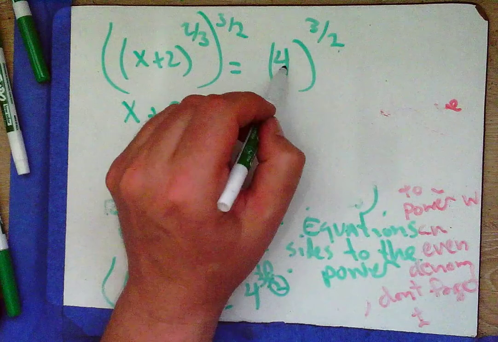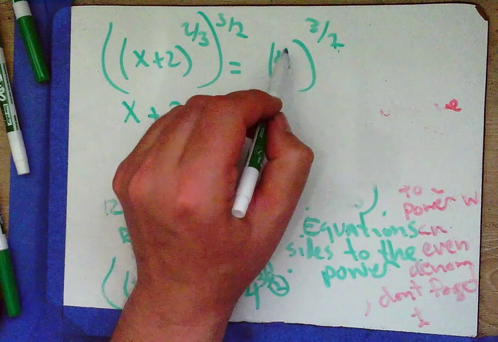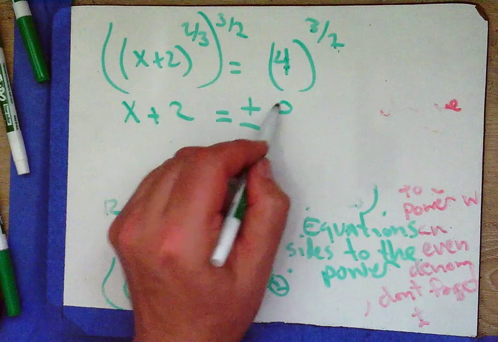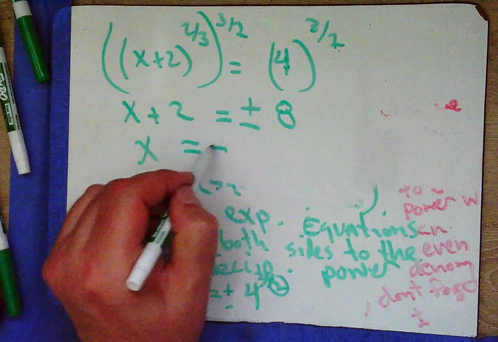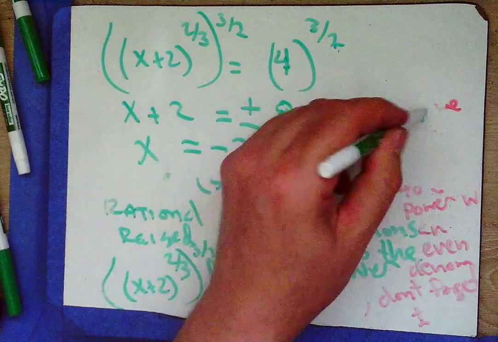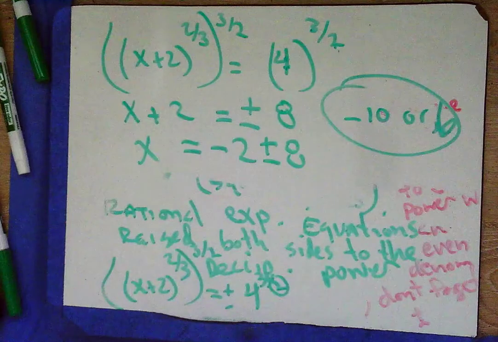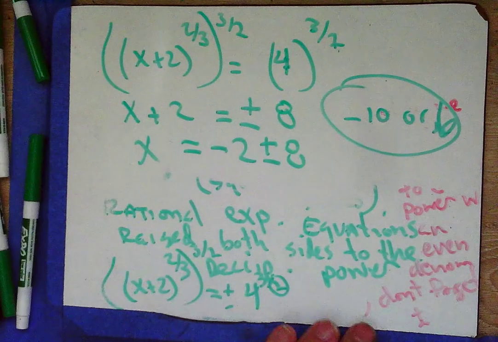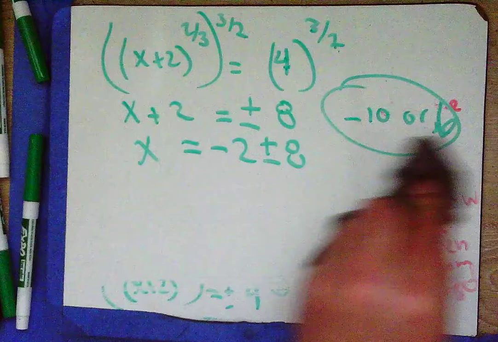And the way I evaluate this is I say square root of 4, that's 2. 2 to the third, that's 8. So I get x equals -2 plus and minus 8, which is -10 or +6. Those are my two solutions, okay? So don't forget that plus and minus when your denominator is even.